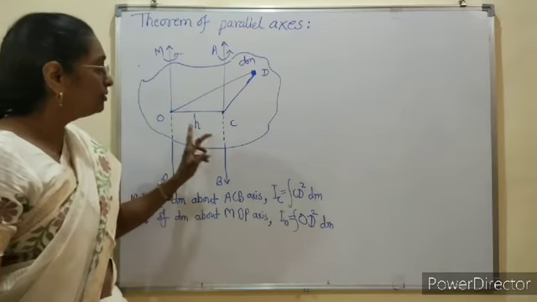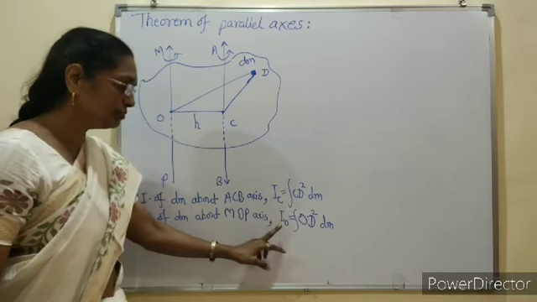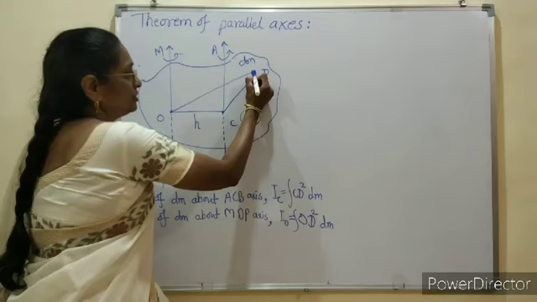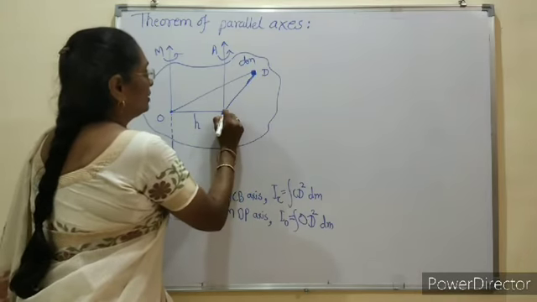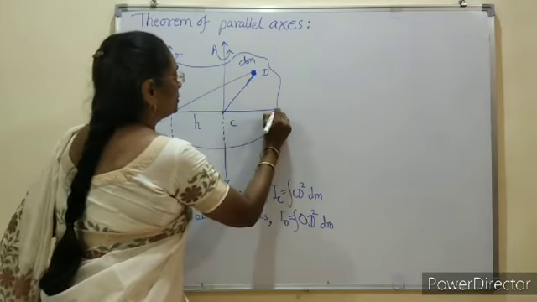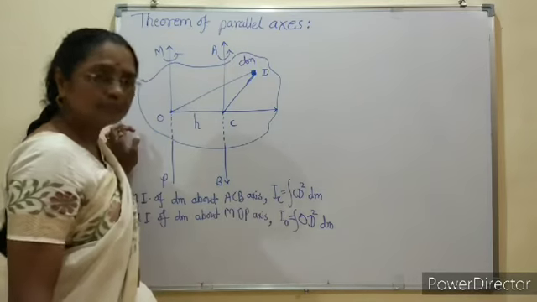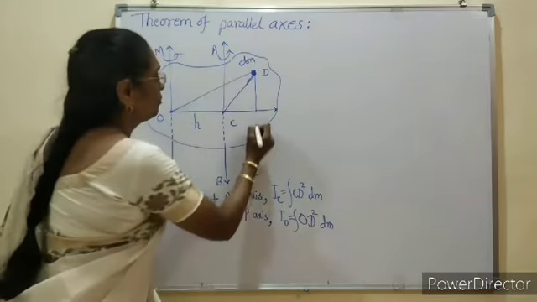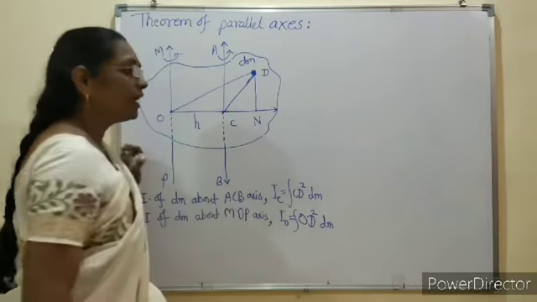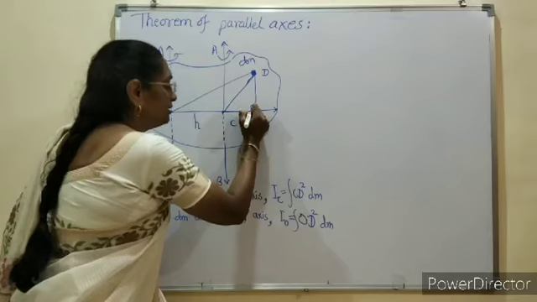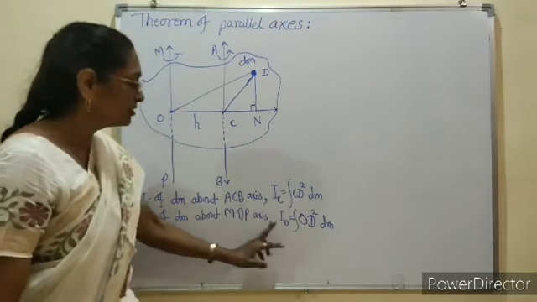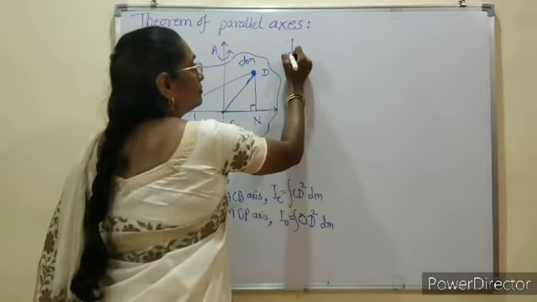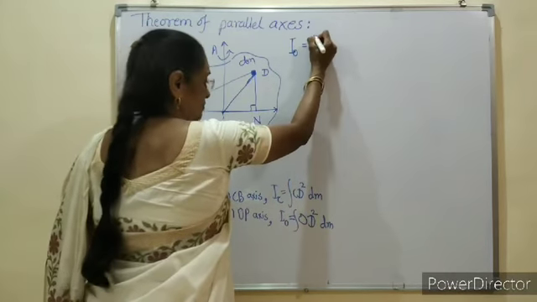Now to have the relationship between IO and IC, we have to modify the figure in this way. Here we produce OC and then draw a perpendicular from D. The point of intersection is N. Then we can write the expression for IO and simplify it like this.